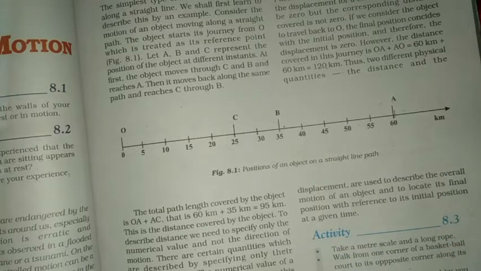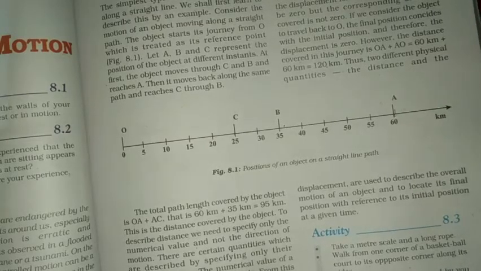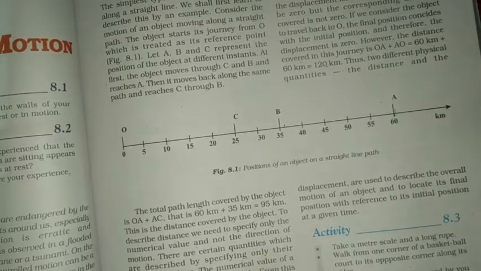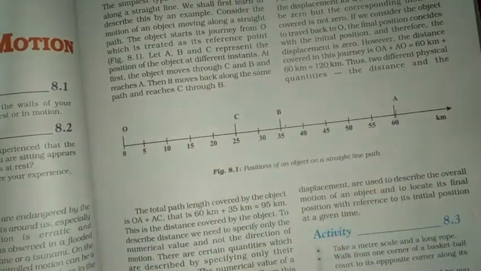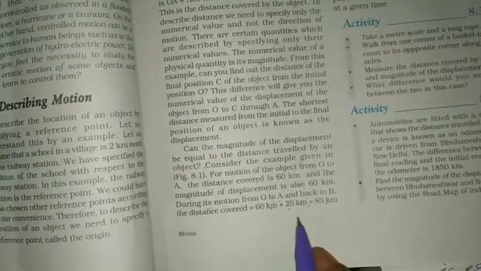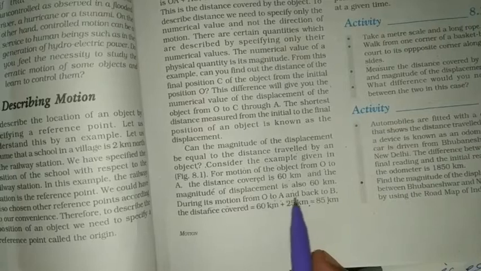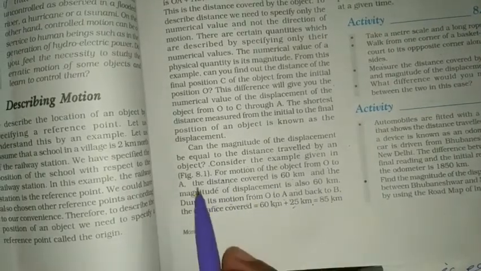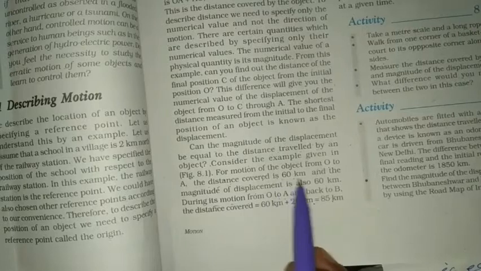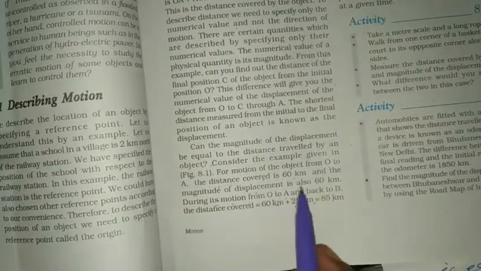See here, it is written 60 plus 25. During its motion from O to A, the distance covered is 60 kilometers and the magnitude of displacement is 60.